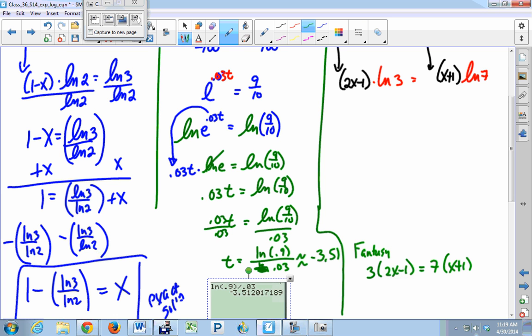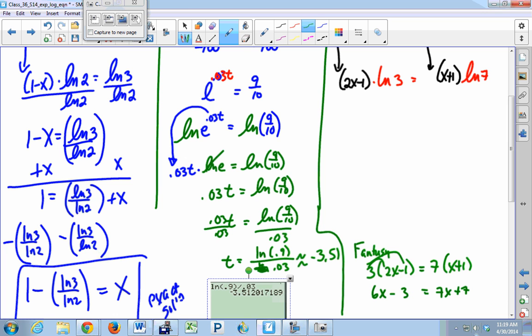Natural log of 7 is just a number. So if you had an equation like this, your fantasy equation, how would you solve it? What would you do? You would distribute, right? You would take 3 times 2x and 3 times minus 1. So I'm just going to run this fantasy equation along with us, 7x plus 7.